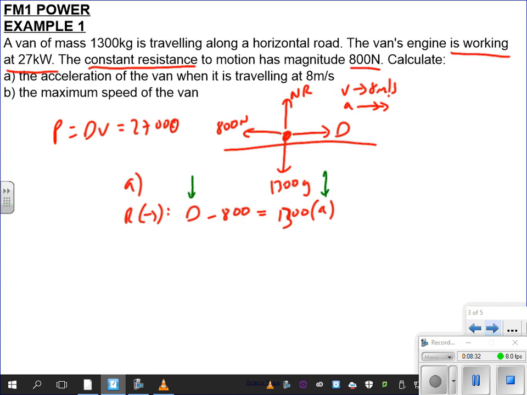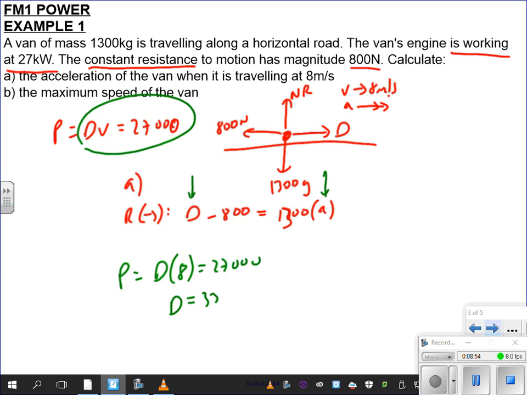A is the thing I'm trying to find. D, can I get D? Yes, I can, because I can get it from my power equation. So since P equals D times V, and at that moment V is 8, P is 27,000, then I can find D. So D must be 27,000 divided by 8, so 3375. Great, which means I can plug it into here.